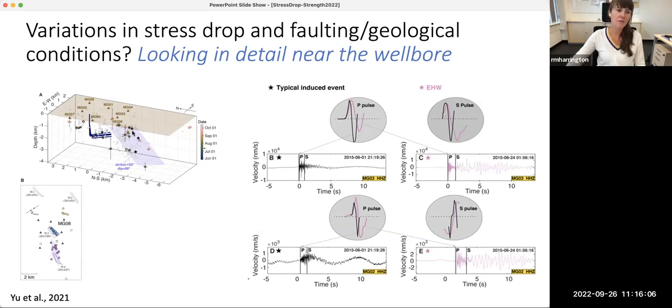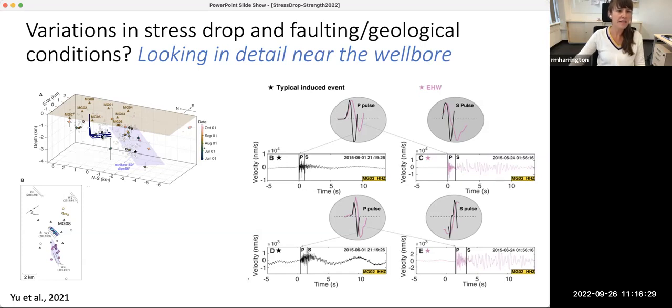And these EHW and typical events are in more or less the same location. So it's not a dispersion effect where we see a widened pulse for events which are further away; these different types of earthquakes are happening in the same location.